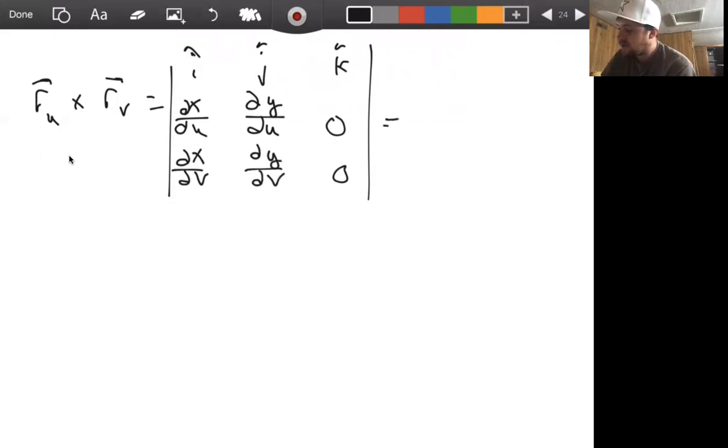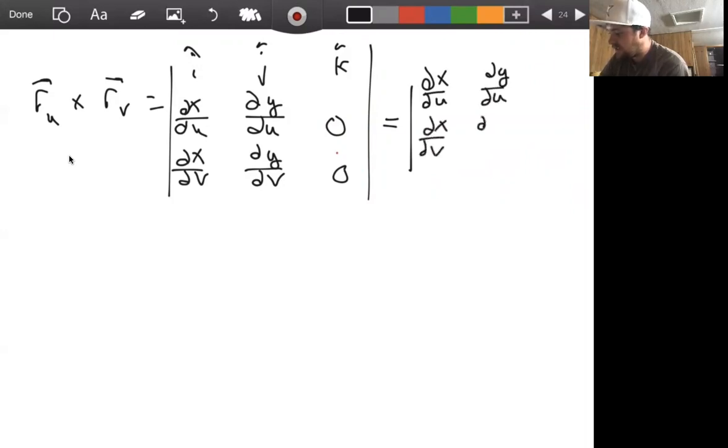And you can notice when you take the cross product, everything in the i hat and j hat terms goes to 0 because of these zeros here. And so we only have to look at the k hat component, and the k hat component is going to be the determinant of the 2 by 2 matrix dx du, dy du, dx dv, dy dv, k hat here.